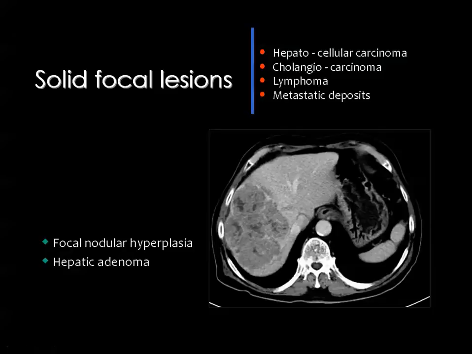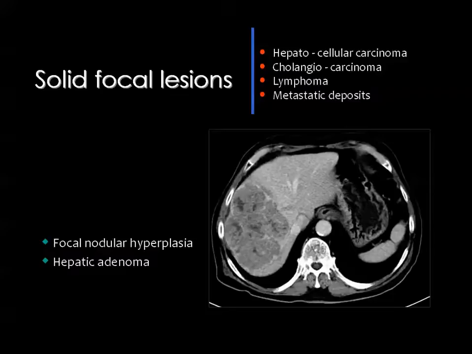Then we finished the cystic lesions, and we mentioned the most common benign cystic lesions and the exception of the malignant conditions that may show cystic change. Now we came to the solid lesions, and they are considered malignant with exceptions of solid lesions that are benign.